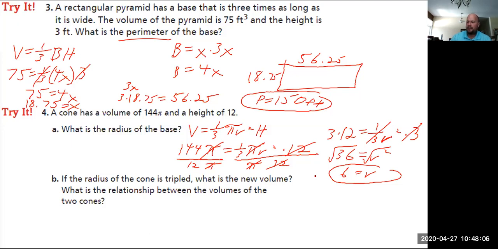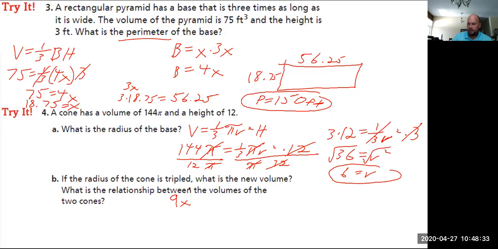It says the radius is tripled. So if the radius is tripled, then it's going to be 3 times 3, which is 9. So the volume will be times 9. And again, we can take a look at how it changed, but I'm saying right now, it'll be 9 times as much.